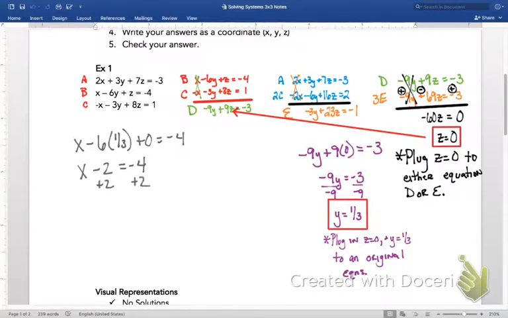Add 2, x equals negative 2. So now, just like we did whenever we had our system, I'm just going to write it as a coordinate. So I'm going to have negative 2, 1/3, and 0.